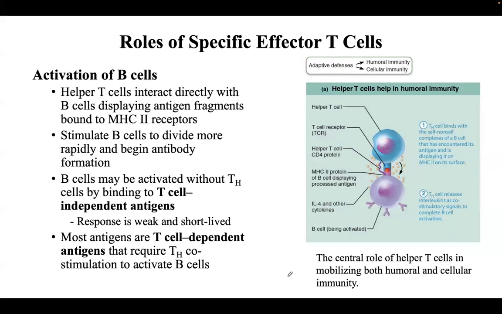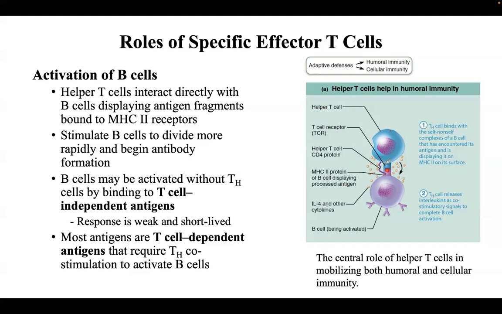So let's see that. See in this figure, firstly, there is a helper T cell. Okay. This blue thing is the helper T cell. And it has a T cell receptor, and it also has the CD4 protein present in there.